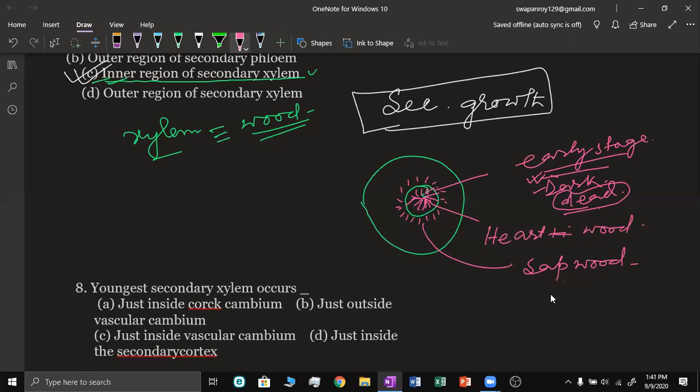Sapwood is a lighter color. And this one is physiologically functional.